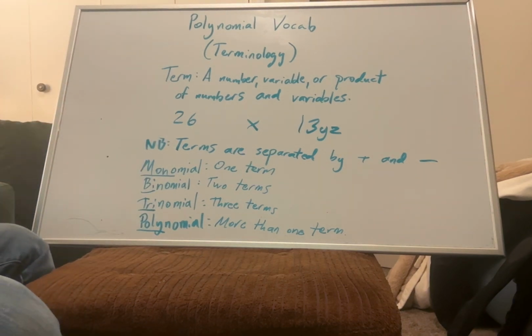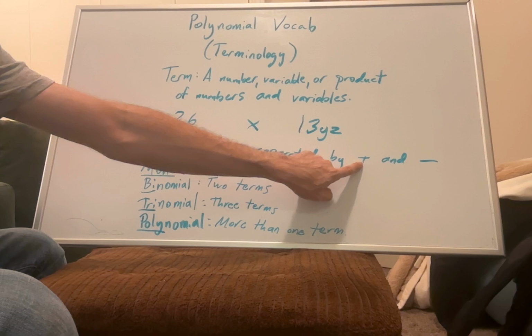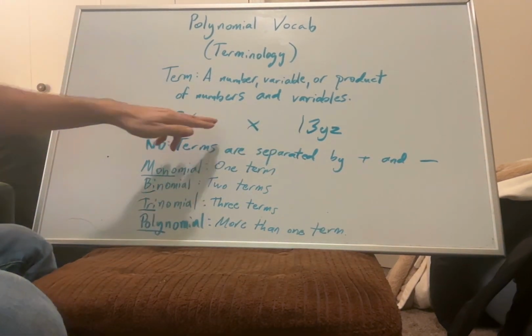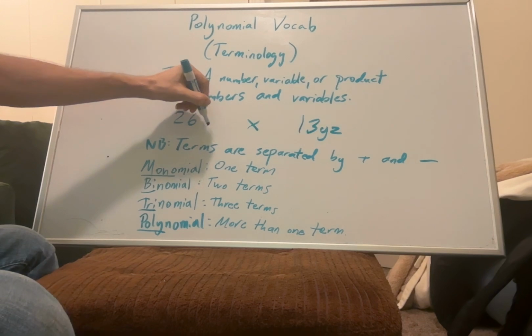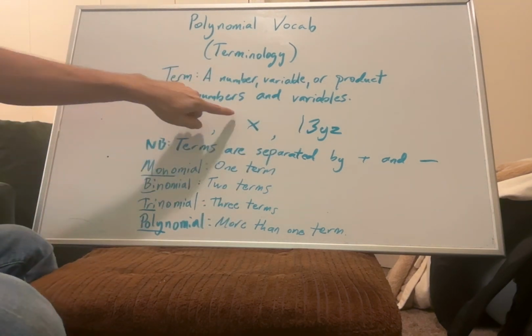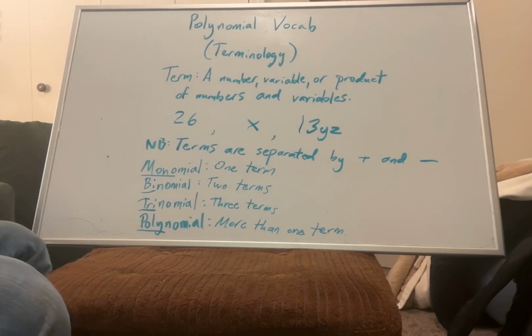Now note, when we're counting terms in an expression, the way we separate terms from each other is looking for either plus or minus signs. I've intended, sort of with commas, to represent each of these as a single term.